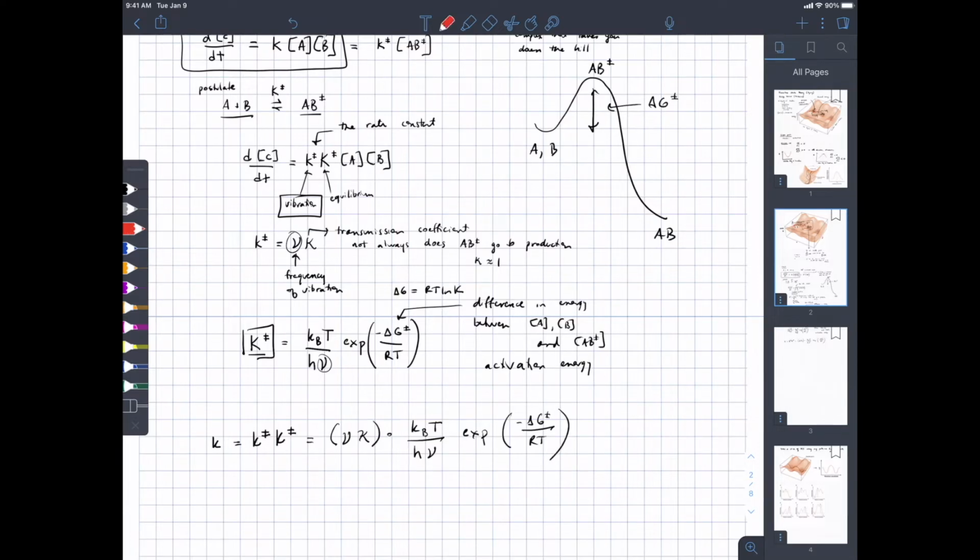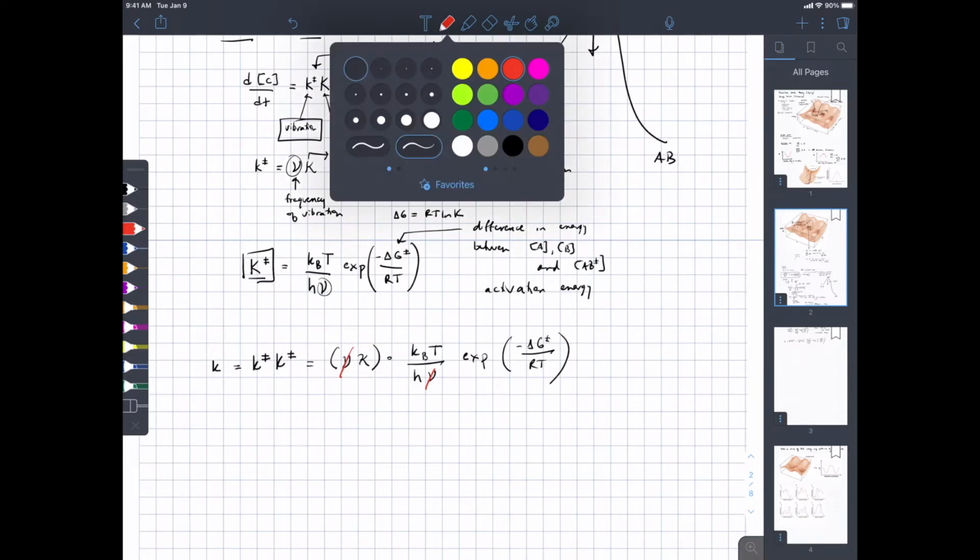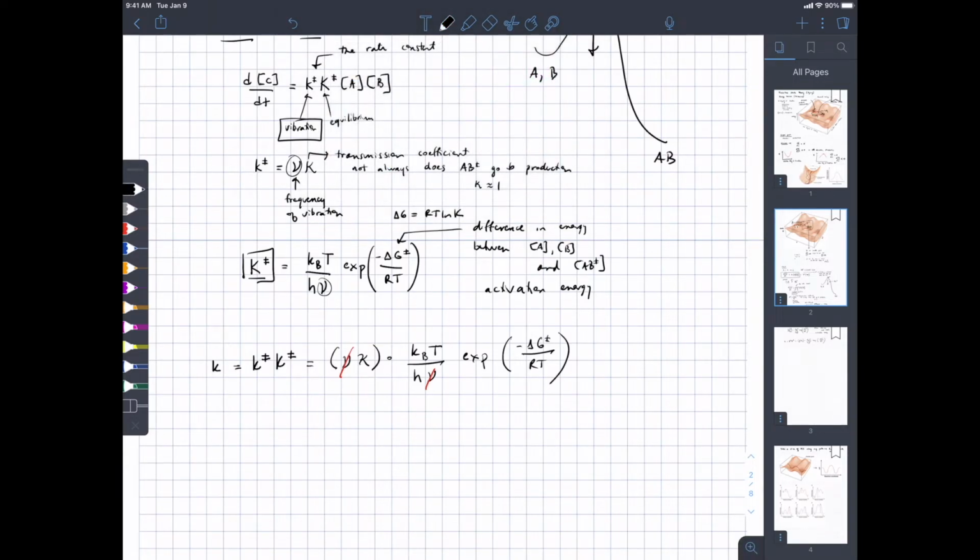Our frequencies actually are going to cancel out. And we can rearrange all of this. And actually, depending on your units, Boltzmann's constant and R are the same thing.